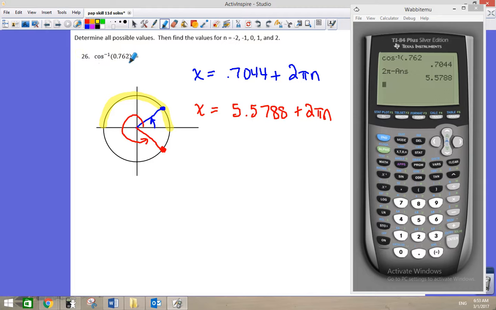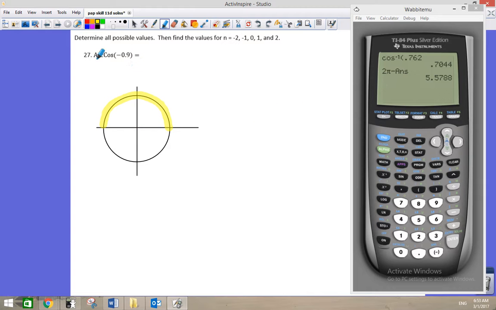This was a relation. This had infinitely many points. This guy, being an arc cosine, is only going to have one. It's not going to have all of these solutions. It's just going to be what the calculator gives us. At least that's what the notation is indicating, that it only wants exactly one solution.